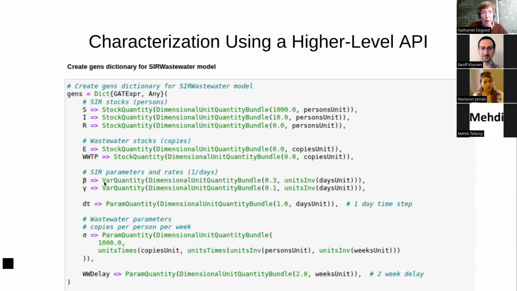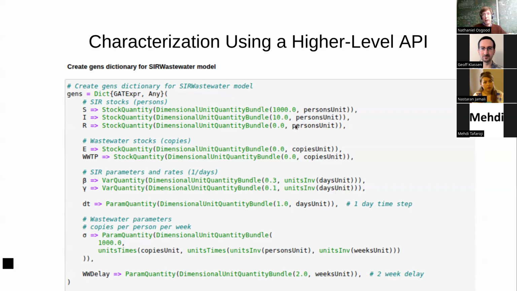The value of parameter beta is 0.3, but not just 0.3, right? It's 0.3 per day. I mean, that's the units. This is 0.1 per day, right? This is 1,000 people. So she has this nice little language where we can define these dimensional quantities.